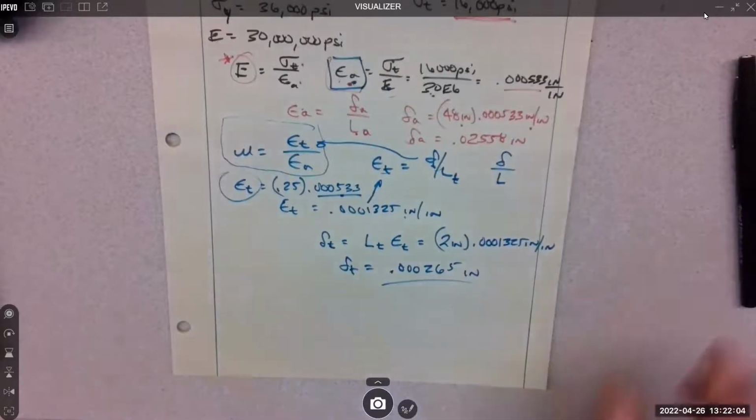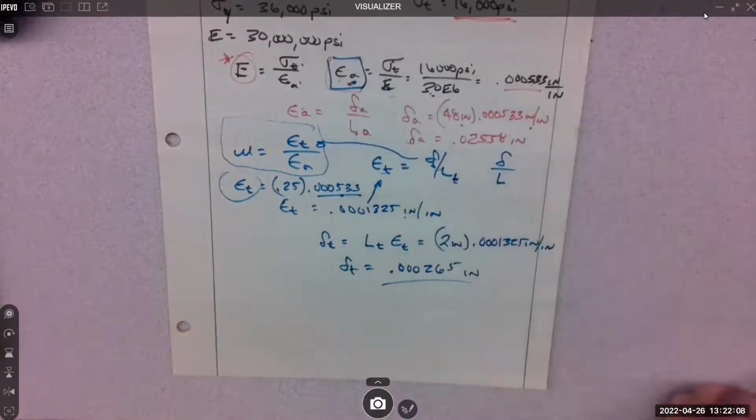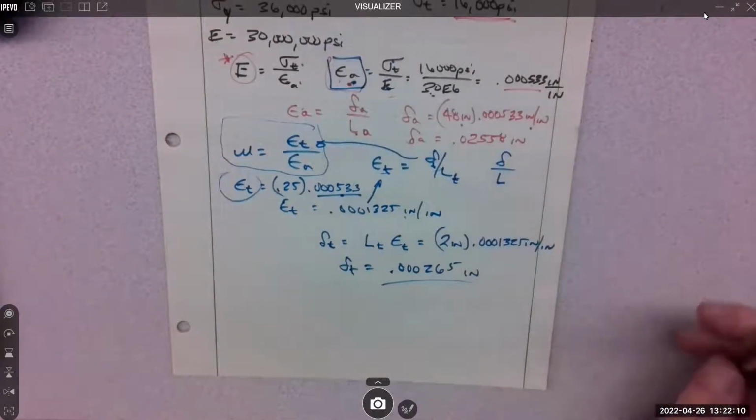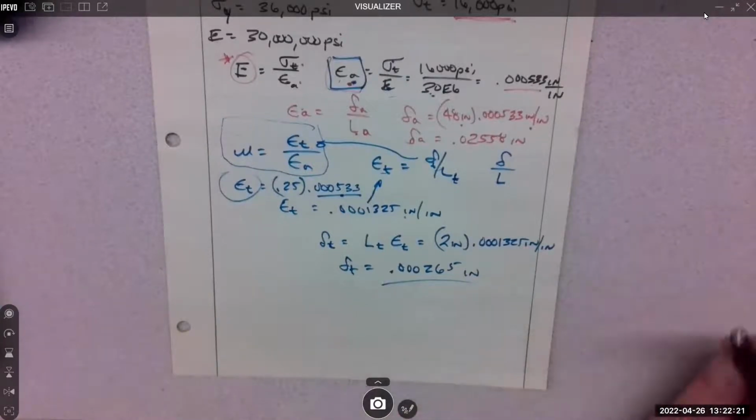There are probably other ways, like you could boil this down and transfer it in. The most important thing is you have to find the axial stuff first, and then use Poisson's ratio to get to transverse.